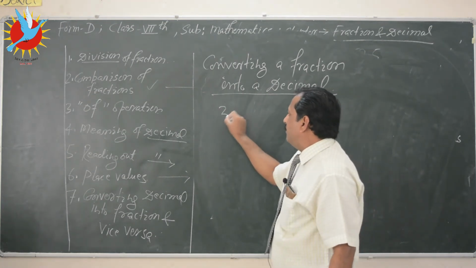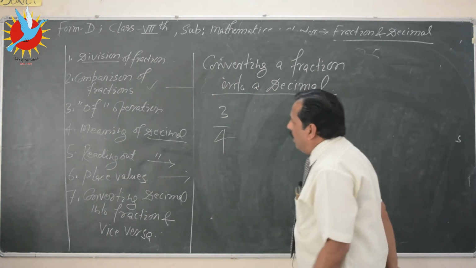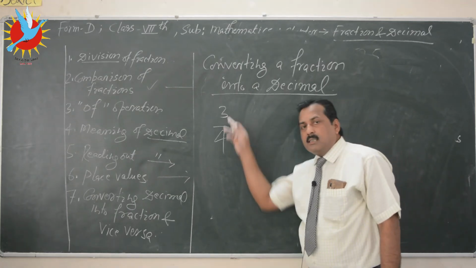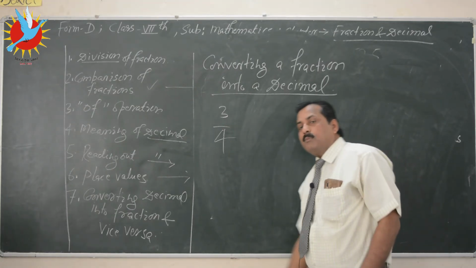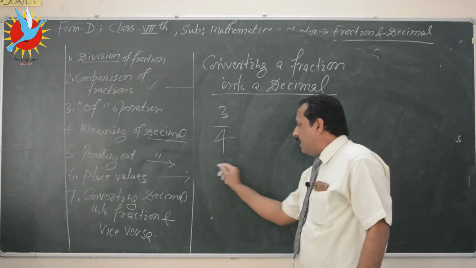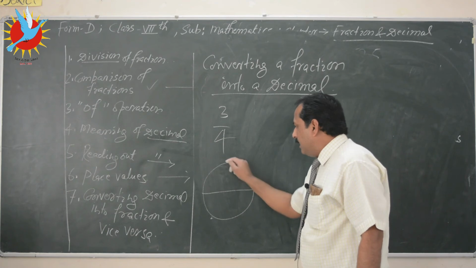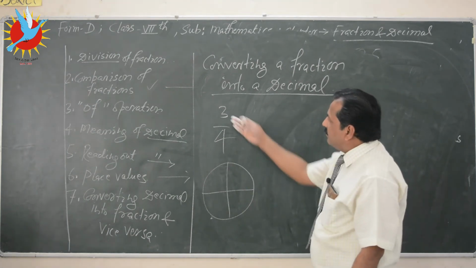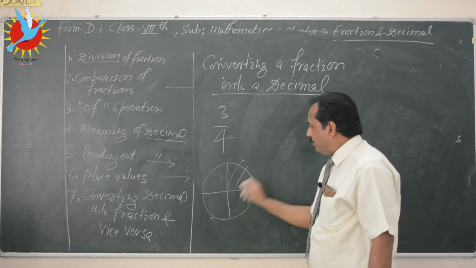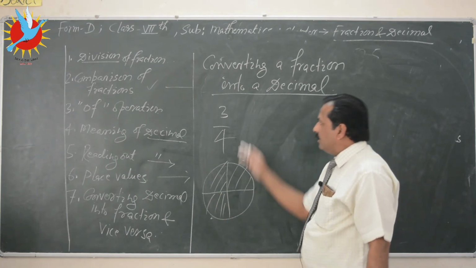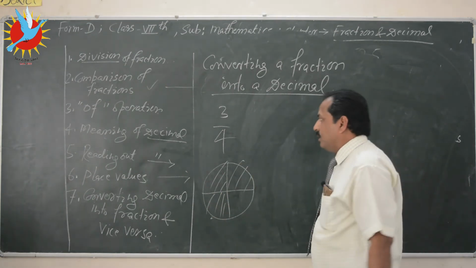This is 3 by 4. If you have seen the earlier videos, this is a fraction, this is the numerator, this is the denominator. What is the meaning of 3 by 4? If there is one full circle, divide this full circle into 4 equal parts and then take 3 parts. So this part represents the fraction 3 by 4.